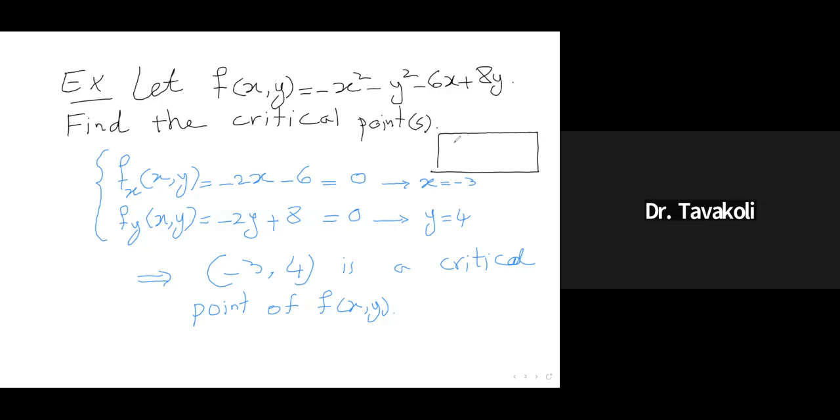If I want to type the answer: minus 3, 4, 1 point. It's one critical point. Sometimes you might have more than one critical point. We'll see that later in the upcoming examples.